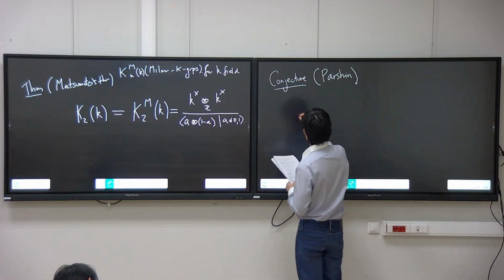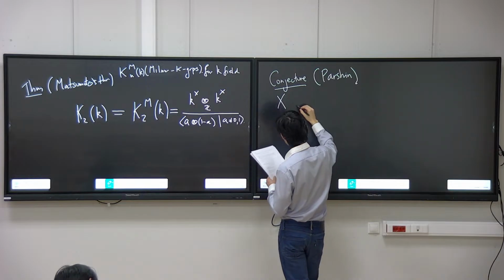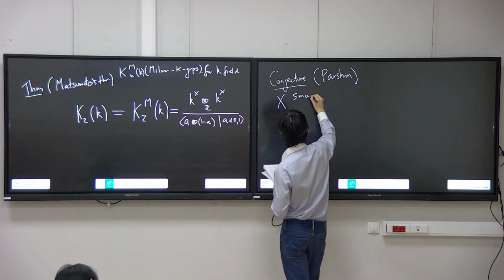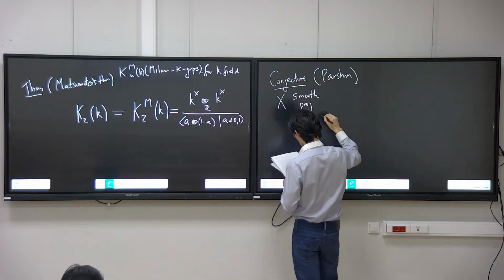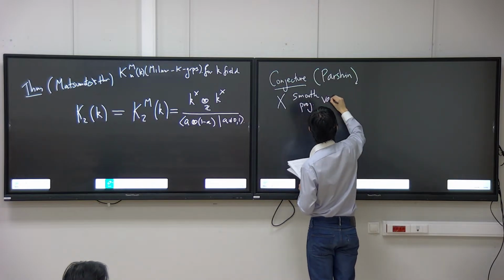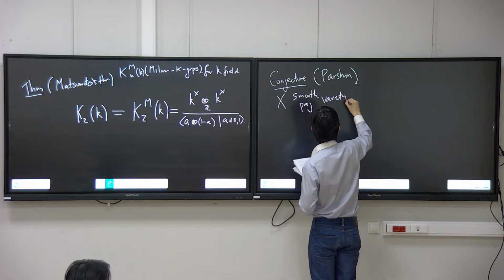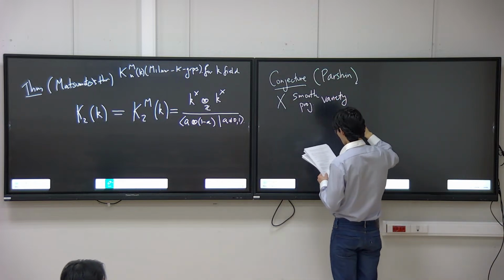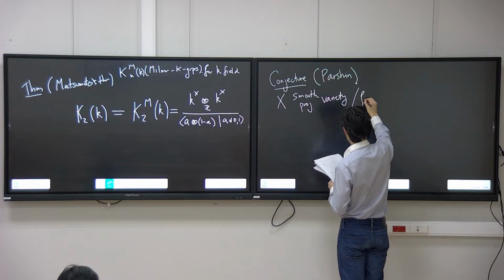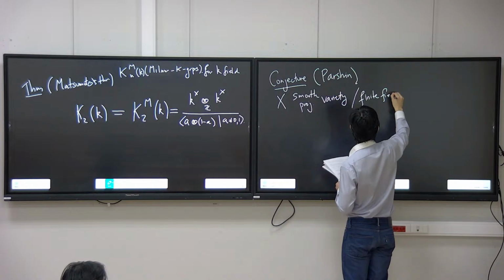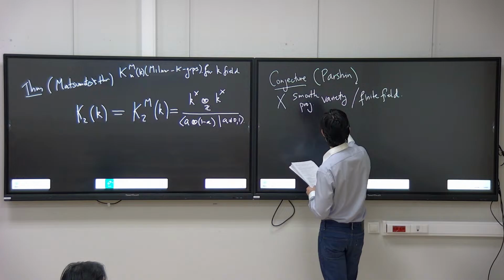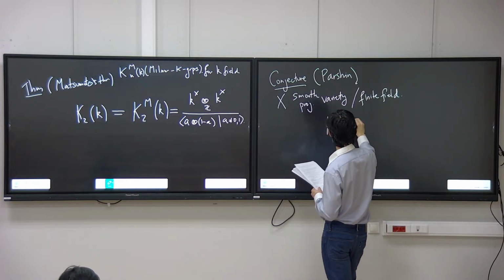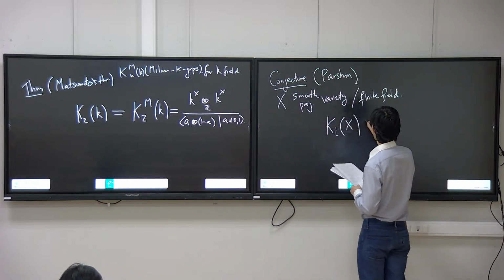So for X a smooth projective variety defined over a finite field, the higher K groups of X vanish up to torsion, so for i greater than 0.